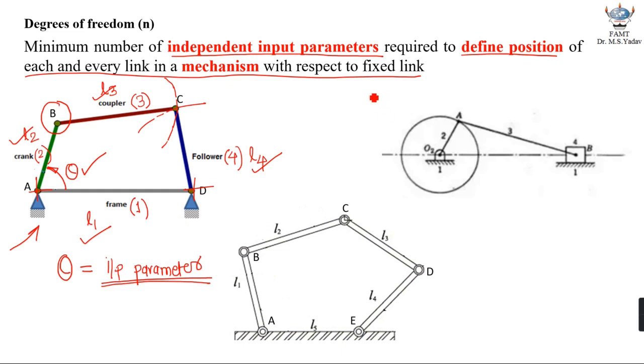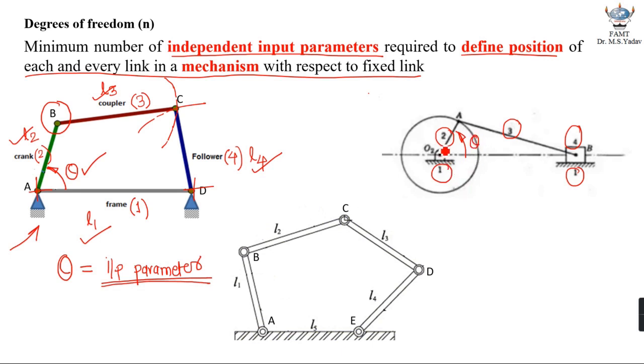Now let us consider a single slider chain. Once again, link number 1 is fixed right over here. Link number 2 is obviously the crank, which is link O to A. Link number 3 is the coupler, which is AB, and link number 4 is basically the slider. Now in this configuration, if I wanted to determine position of all other links with respect to the fixed link, then I am in need of this angle once again.